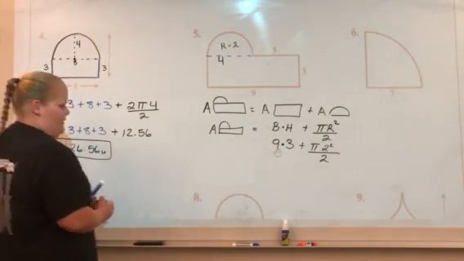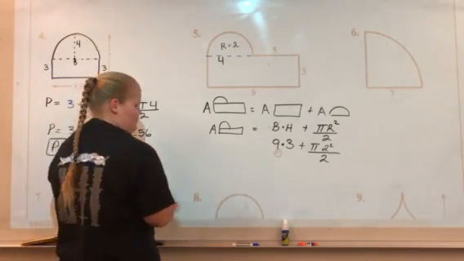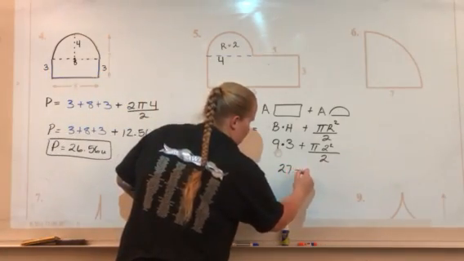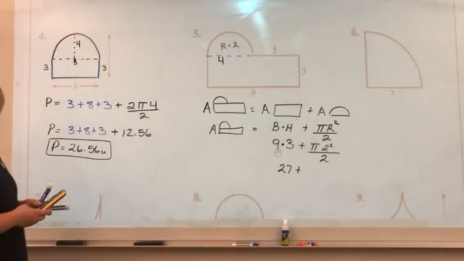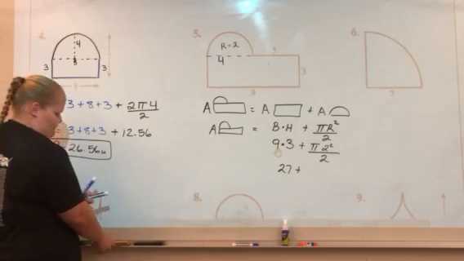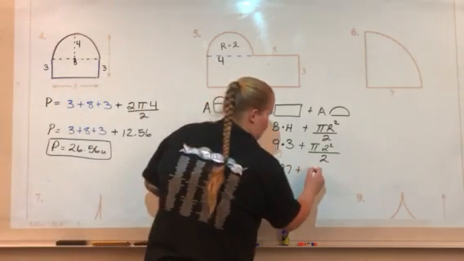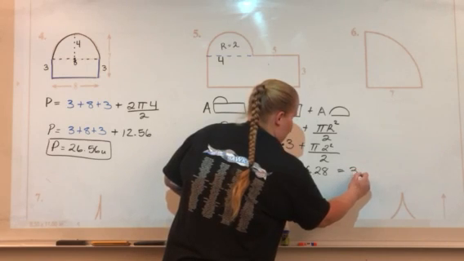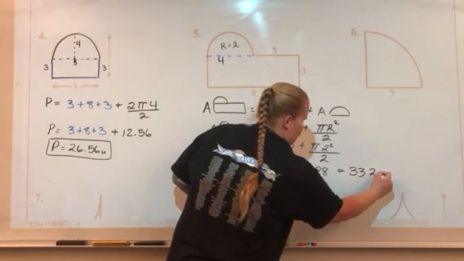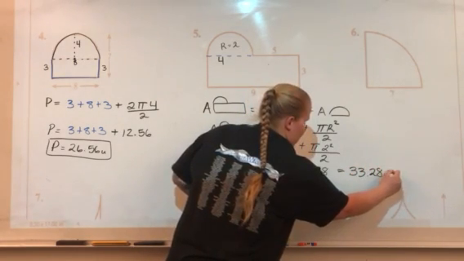If we simplify this, I'm going to have 27 plus pi times 4 divided by 2, which is 6.28. Which is going to be 33.28 units squared.